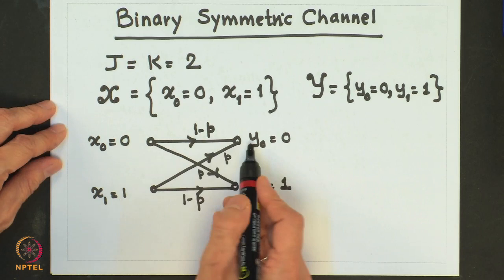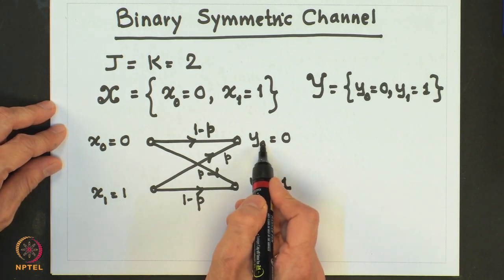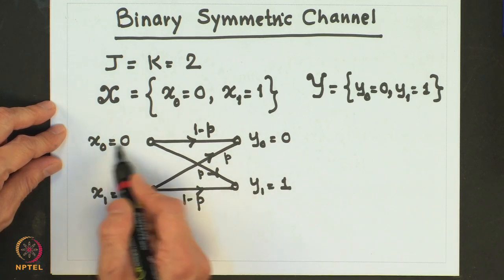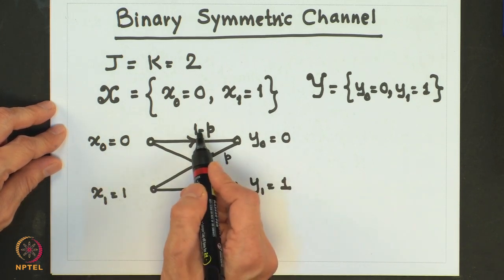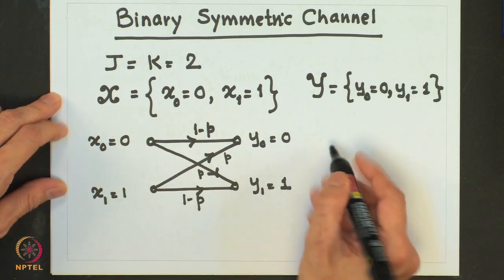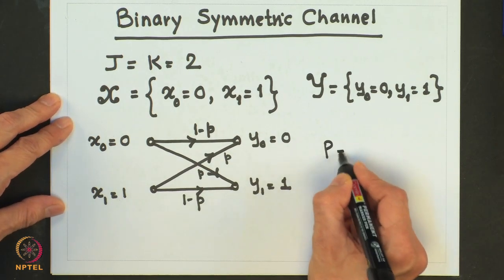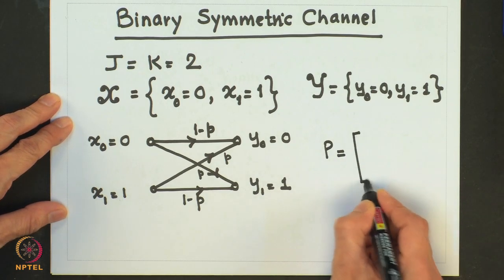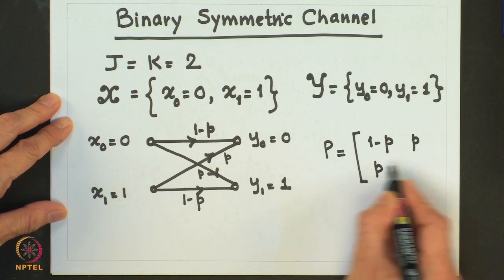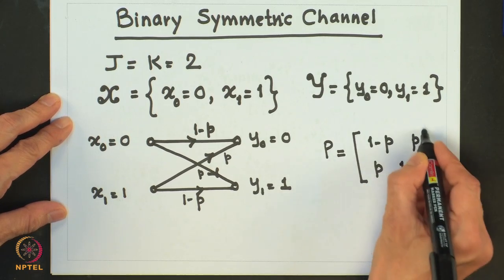So, this tells you basically what is the probability of y0 equal to 0 given x0 equal to 0; this probability is given by 1 minus p, correct. So, if you look for the channel matrix for this, it will be of the form as shown here.